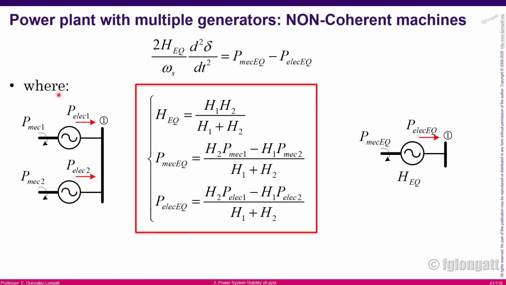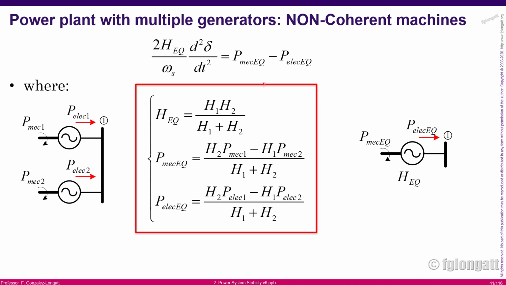What I'm trying to say is that we have here two non-coherent machines, and we are obtaining an equivalent machine. Again, we can use the swing equation, but now we will use it at the equivalent machine.